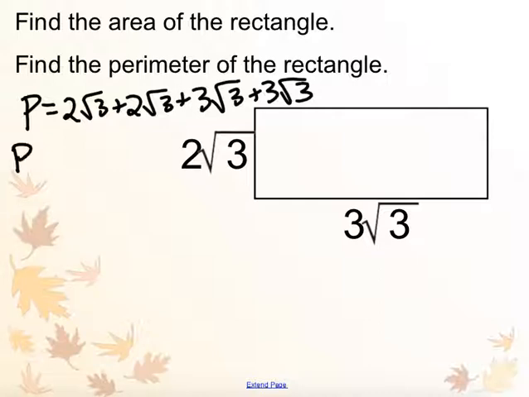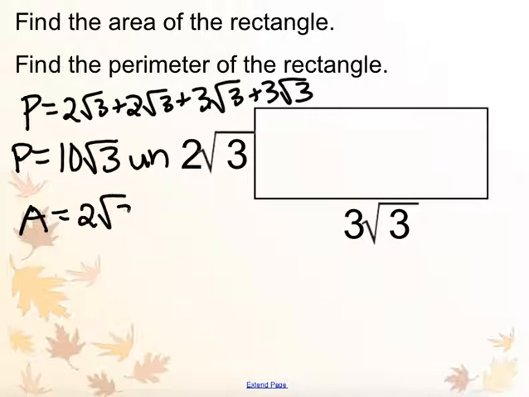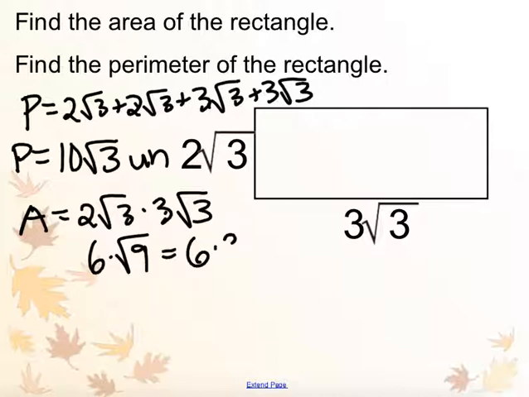So I just need to say, well, I have 2 plus 2 plus 3 plus 3, which is 10 root 3 units. To get the area, I need to multiply and say I have 2 root 3 times 3 root 3. Well, I can multiply the 2 and the 3 to get 6, times the square root of 9, so I have 6 times 3, which is 18 units squared.